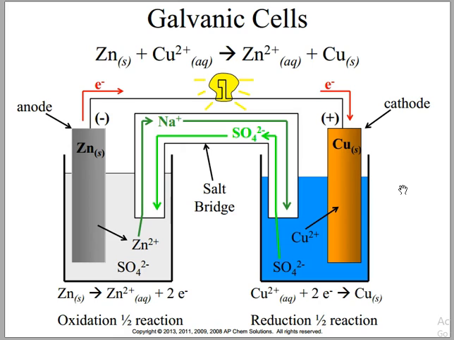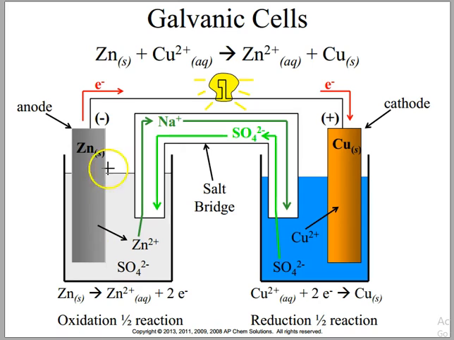The galvanic cell forces the electrons to travel through a wire in order to complete the oxidation reaction that happens in this half cell and the reduction reaction that happens in this half cell. Each half cell has a solid electrode immersed into an electrolytic solution which contains ions.